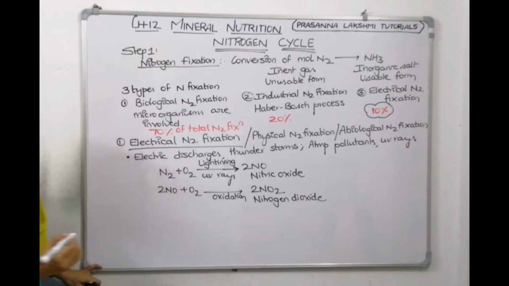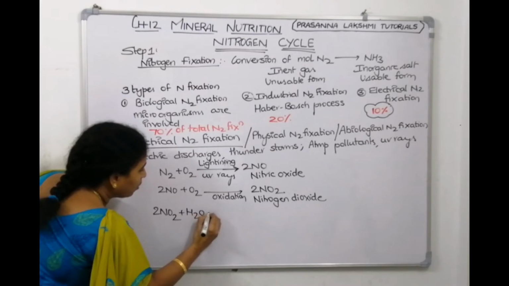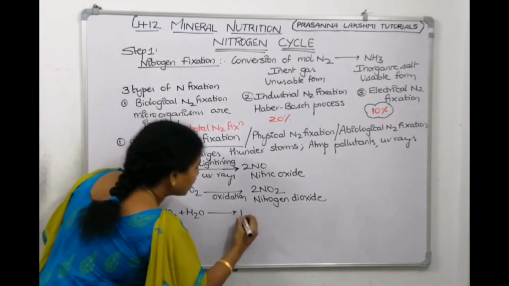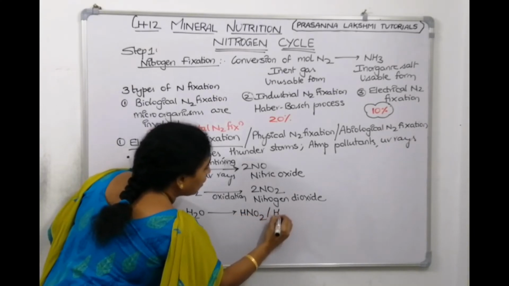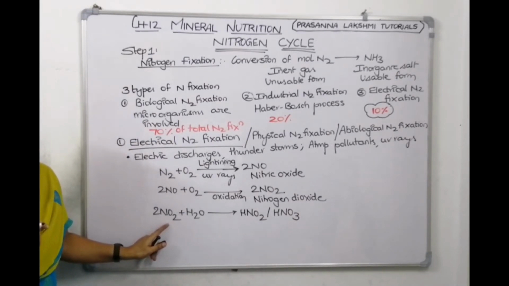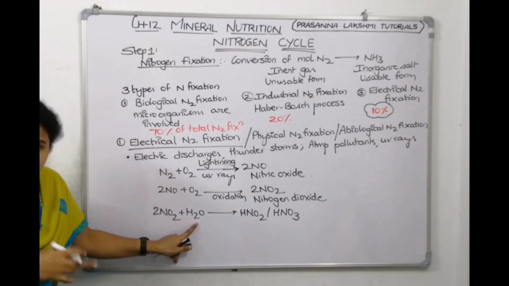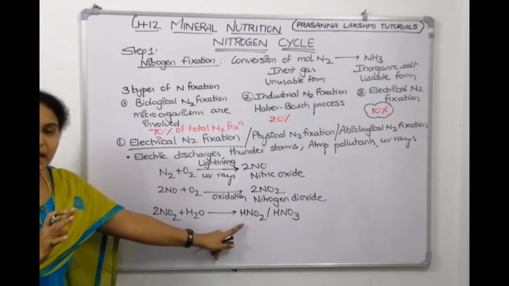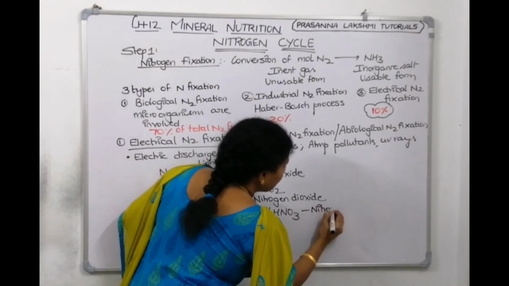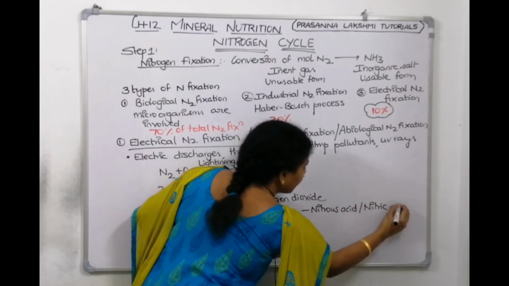Let us write that: 2 NO2 plus water molecule, it can make nitrous acid or nitric acid. What are these called? Nitrous acid or nitric acid.